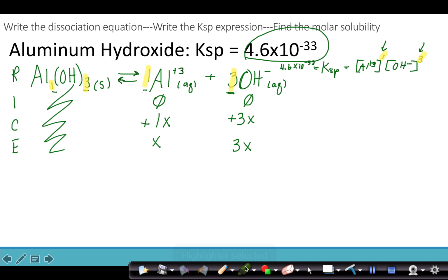And I want to point out again that these coefficients match the subscripts, which match these coefficients, which match the superscripts.